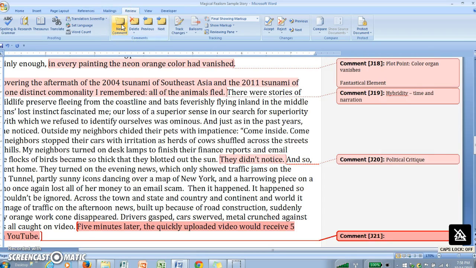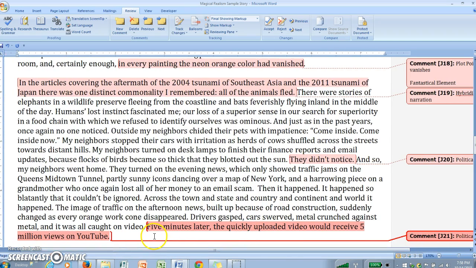This political critique continues, where we now see that while humans won't notice these major things happening around them, they will spend their time watching YouTube videos, so much so that you'll get 5 million views in 5 minutes. So here the political critique is developing.